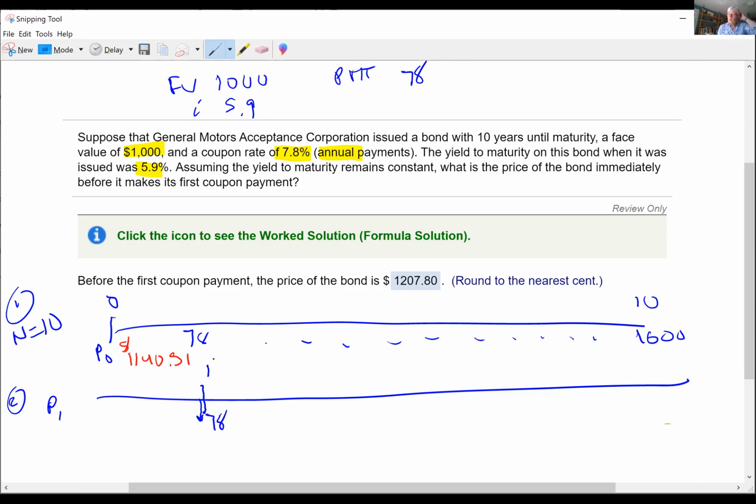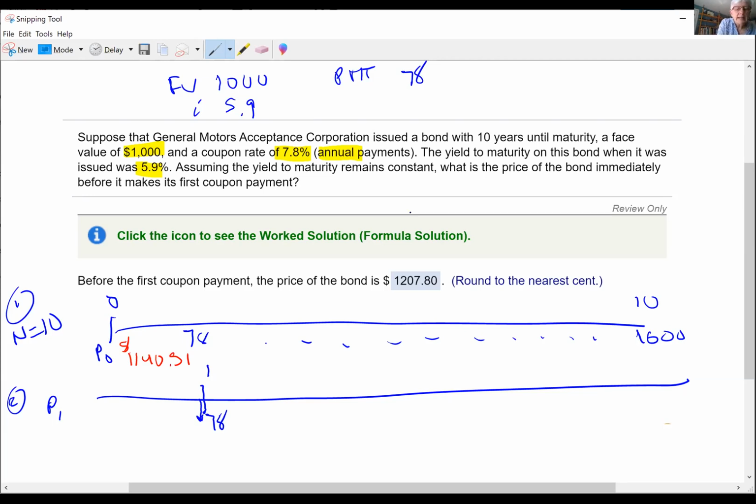So some of you may be beginning to realize that those problems in the practice problems for the midterm, where it said, what's the remaining value of these payments immediately after the year 4 payment? What's the remaining value of these payments immediately before the year 4 payments? That's what this problem is. So here, it's the exact same thing as those problems in the practice exams. The difference is that we're calling this a bond, we're calling them coupons, but it's the same story.